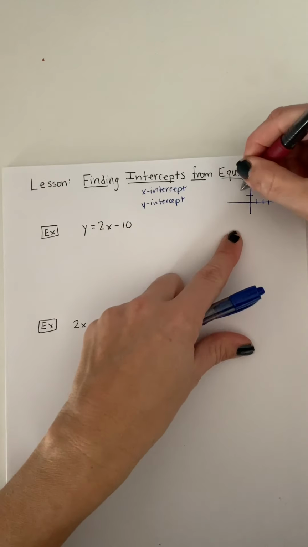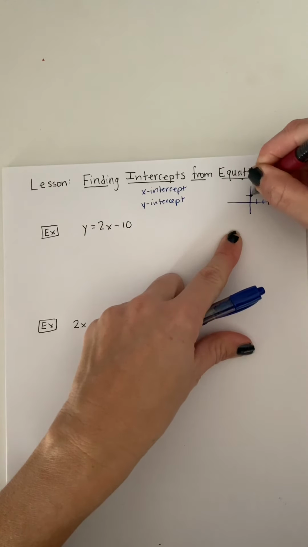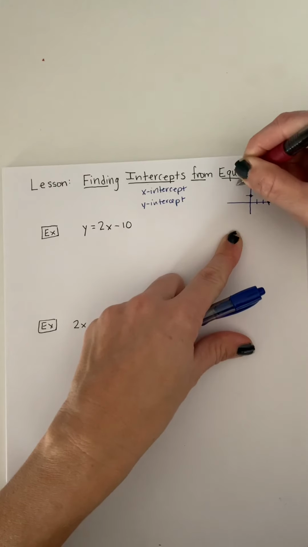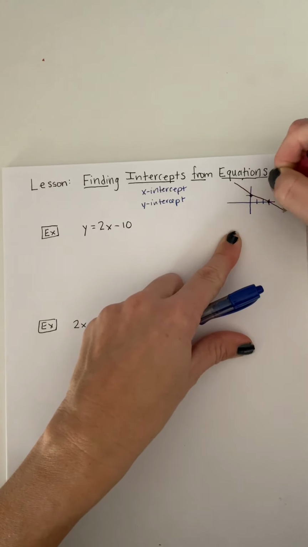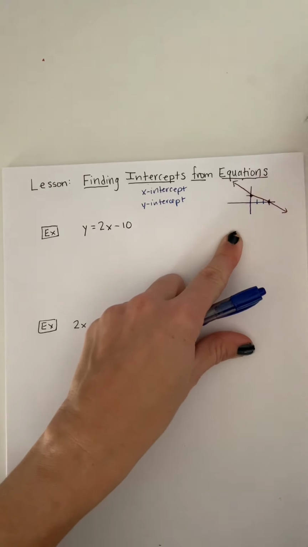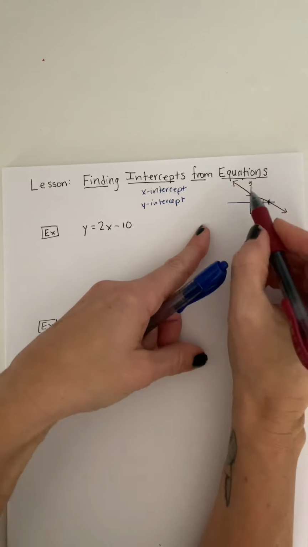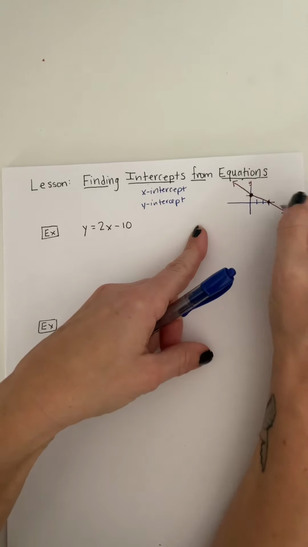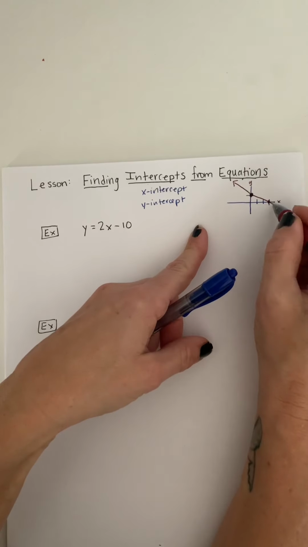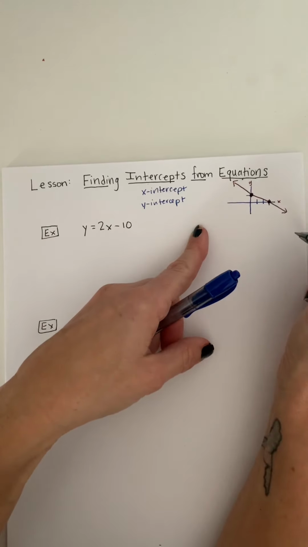Let's say I had this line that had a point here and a point here. This line has 2 intercepts. It has a y-intercept because this is where the line goes through the y-axis. And we have an x-intercept because this is where the line goes through the x-axis.